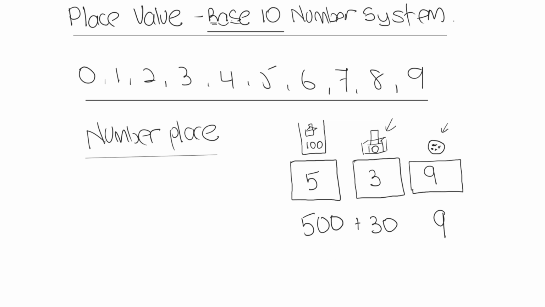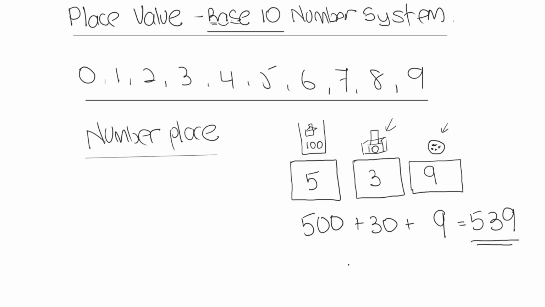All I need to do is add all this up, and I have 539 cookies. So this is how a number is formed. The number is formed using individual digits which have different values when they are placed at different number places. You get the picture?